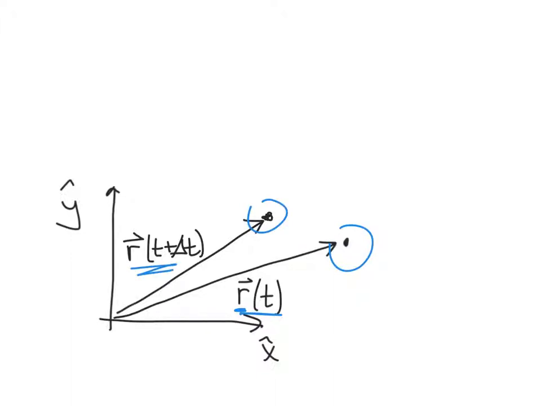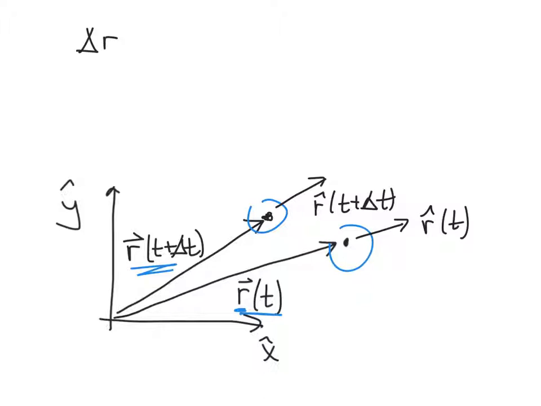At time t, r hat looks like this. See r hat at t. At time t plus delta t, r hat looks like this. And so what we're interested in calculating is how does r hat change over time.